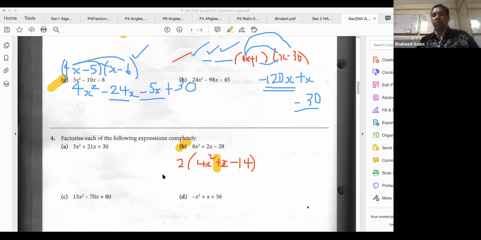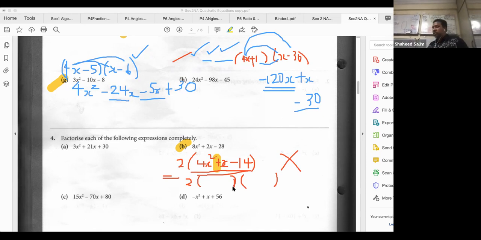So now what you do is you factorize only this one now. Later on, your answer will be 2 on the outside, bracket, like that. So that's one way. Please take note. You must just check whether all of them can be divided by.